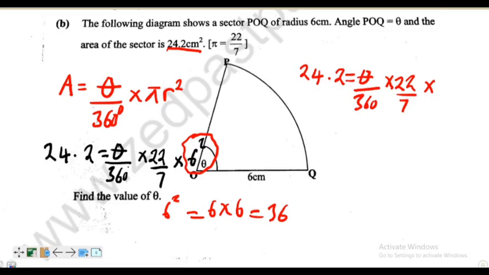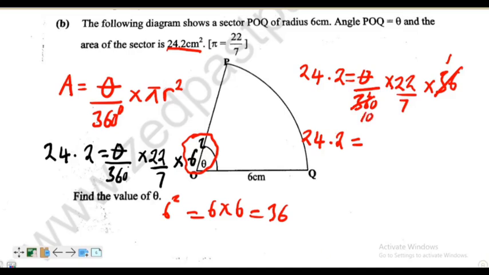So I'm going to write a 36 right here. Now from there, what is next? Okay, so what you are going to do next is you write 24.2 is equal to, so this 36 into itself is 1, and into this 360 it's 10. So 36 into 360 is 10.